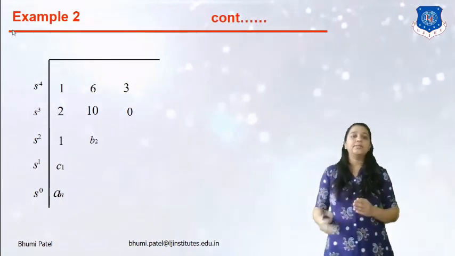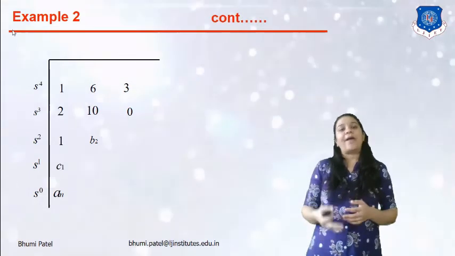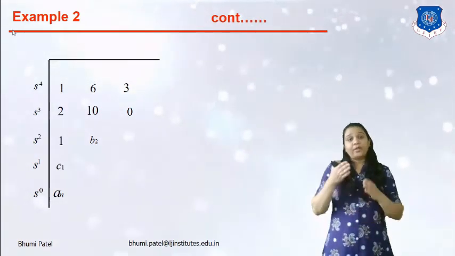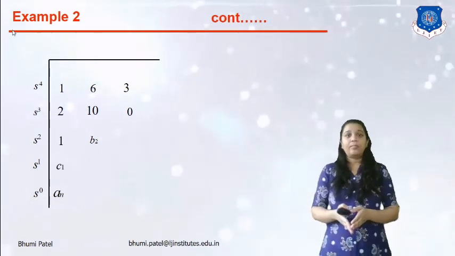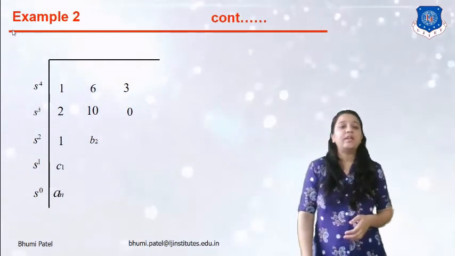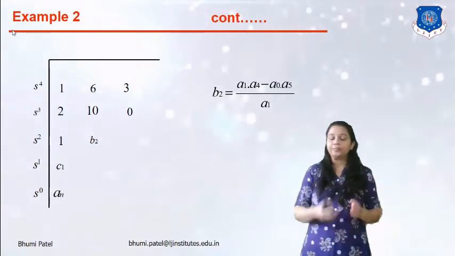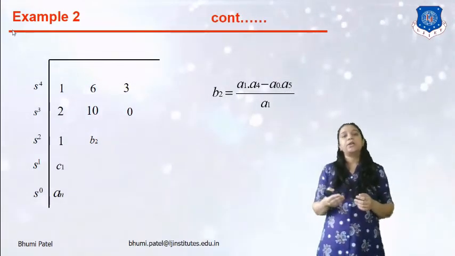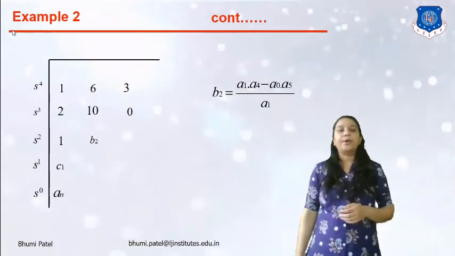Now next we have to find the value of b2. The equation for b2: we skip the second column and consider the first and third columns. So b2 is equal to a1 into a4 minus a0 into a5, upon a1.